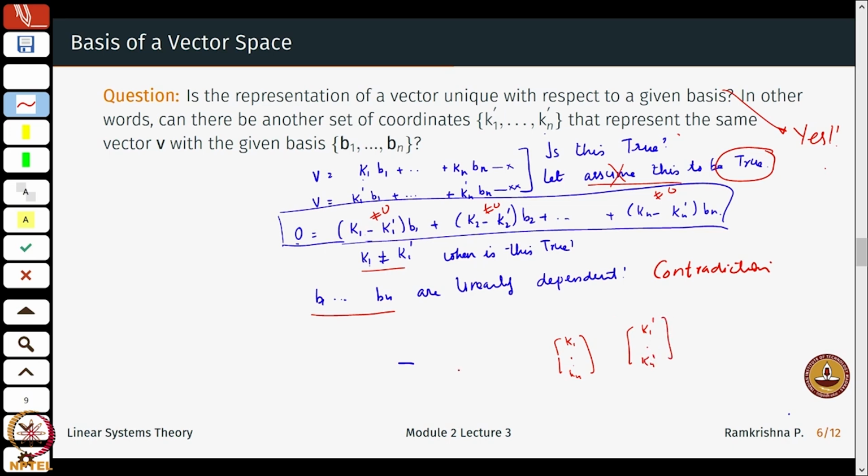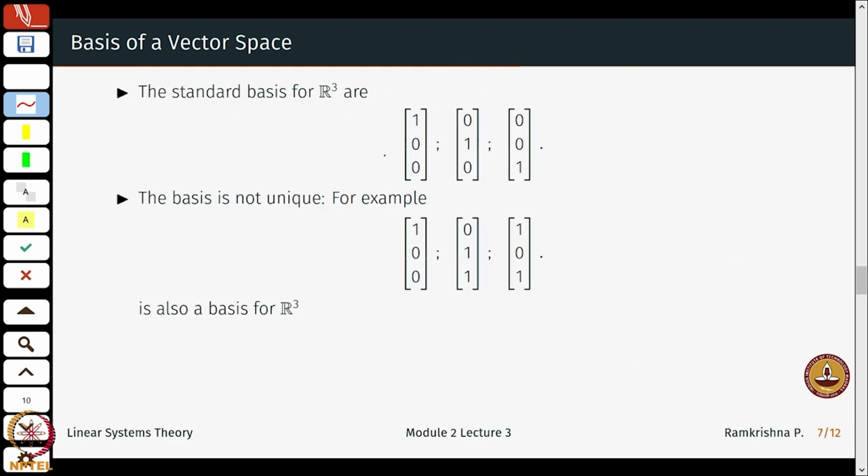Okay. Now, the question is, can there be some other representation from a different basis? Is the basis unique? Well, we will try to answer that. If I look at say R3, which is the simplest of all the spaces, and we also spend a lot of time on it in our earlier calculus courses, the standard basis is something like this, right, and this basis is not unique.